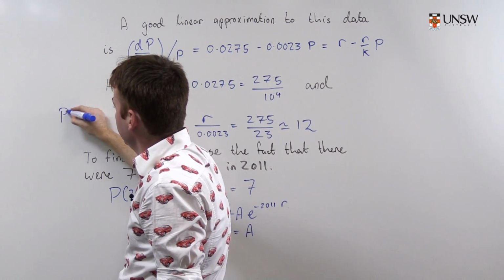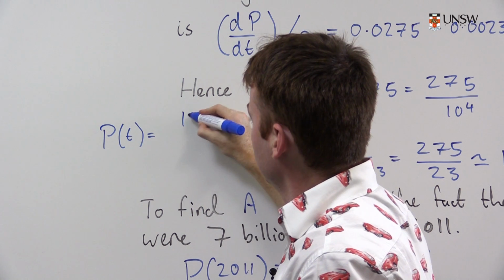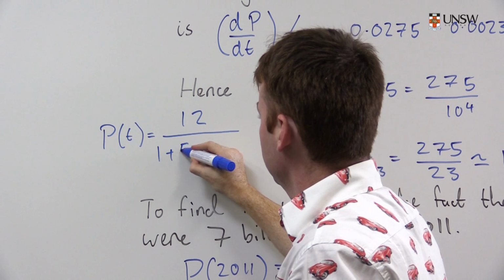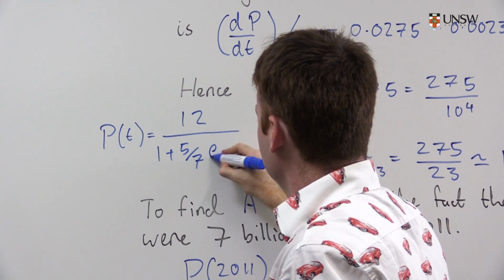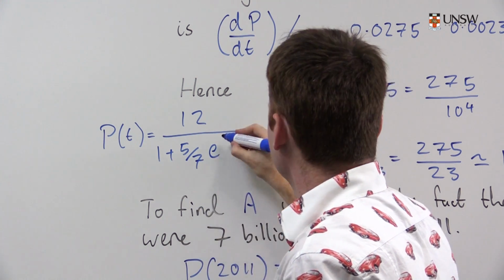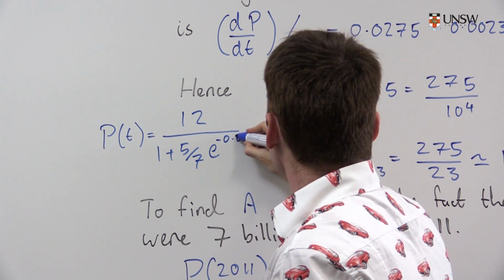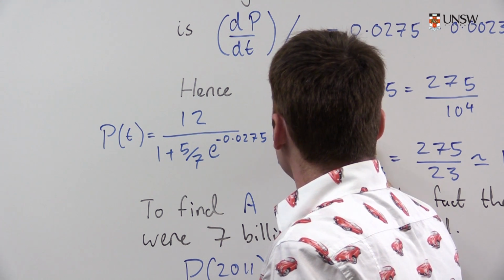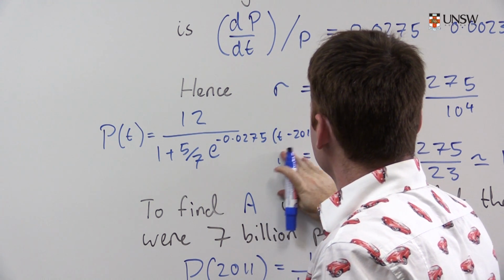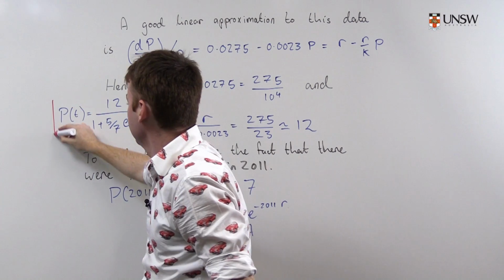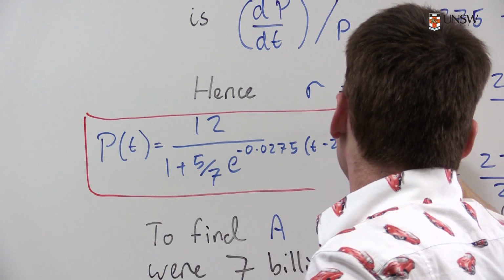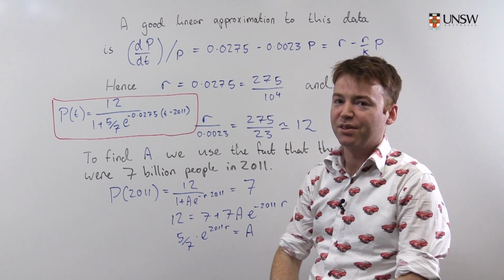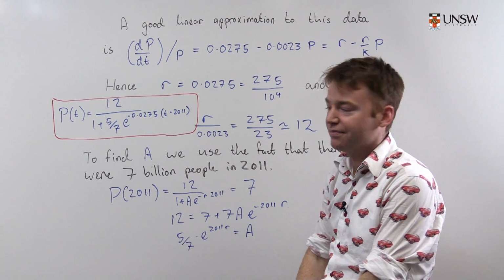That is, P of t is equal to 12 on 1 plus 5/7 e to the negative 0.0275 (t minus 2011). Behold, the population of the Earth in year t.